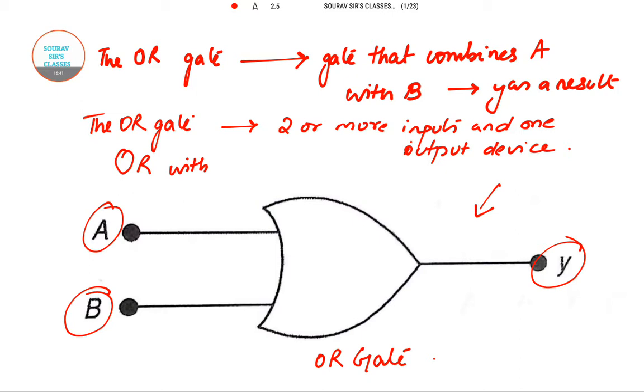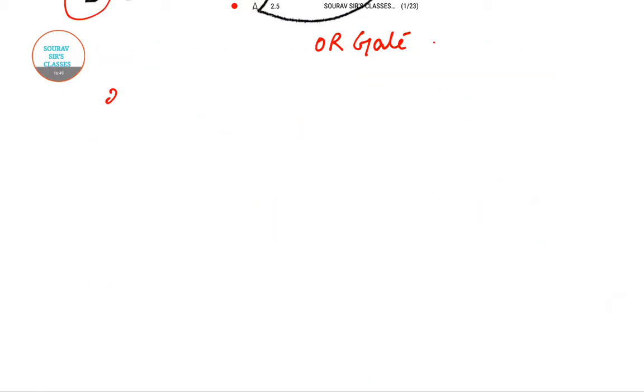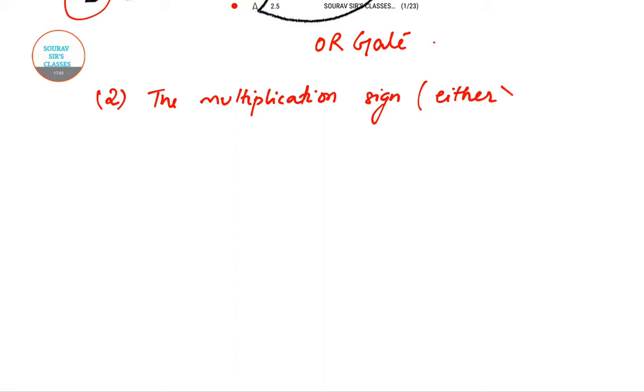Now, this is with regard to the addition symbol. Now we move on to the multiplication symbol. So, number 2, the multiplication sign is either into or dot, and this particular multiplication sign is referred to as AND in case of Boolean algebra.